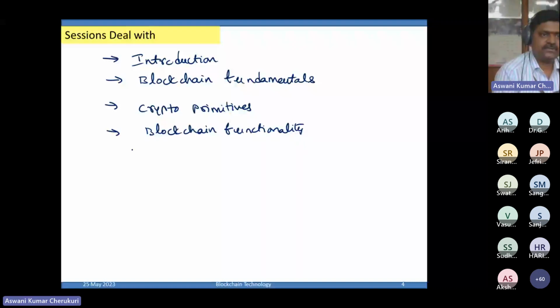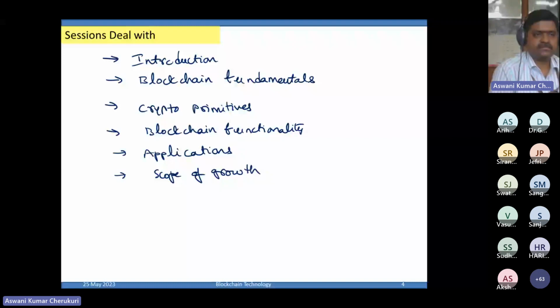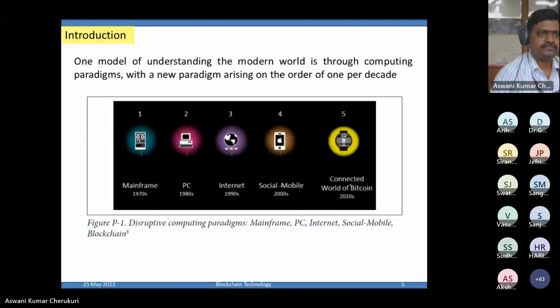Then I will be dealing with few applications, mentioning where all the blockchains are applied. Then also we deal with what is the scope of growth, how is the growth of blockchain, and I will give some references so that those who are really interested to pursue their further studies in this exciting area, they can refer to that. So these topics would be covered in the current session.